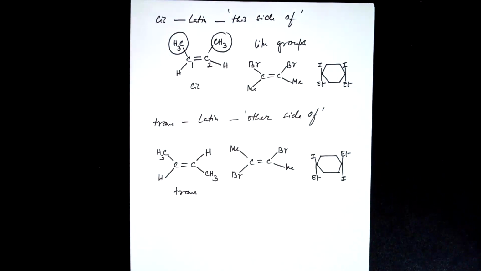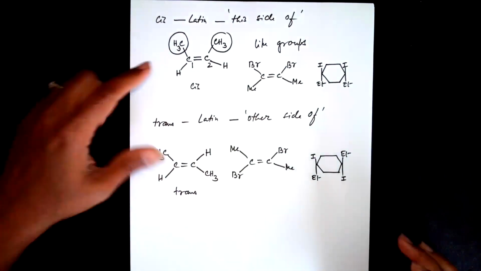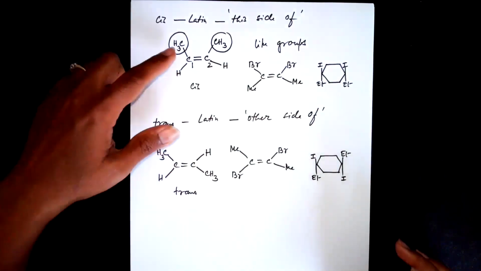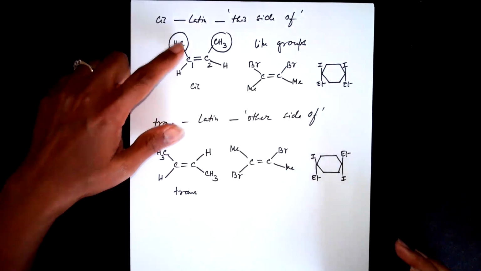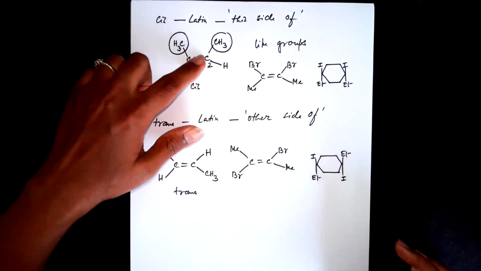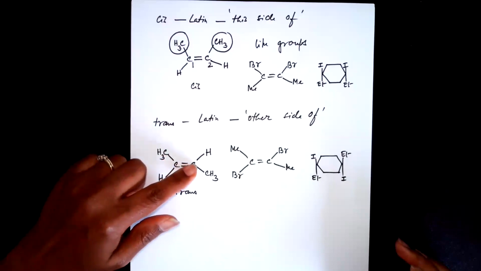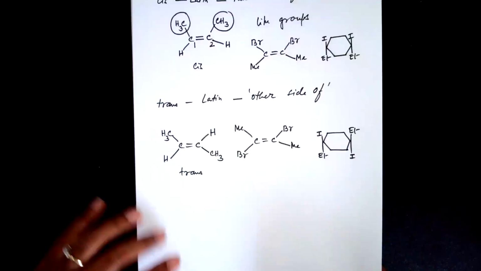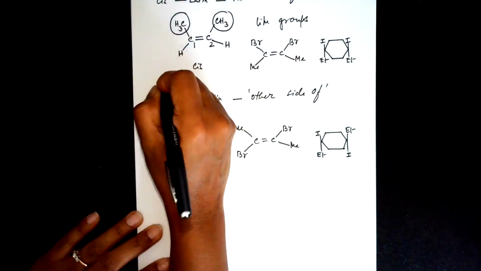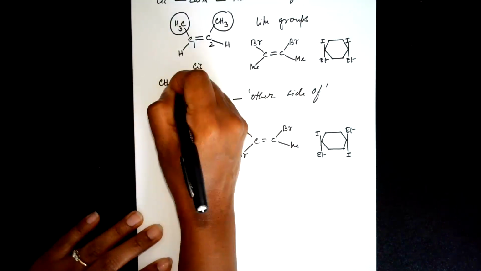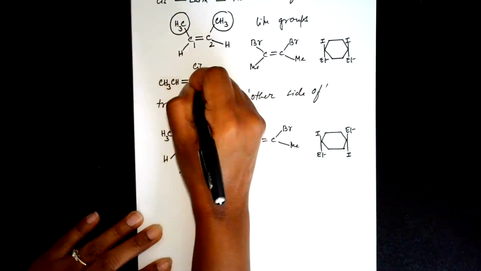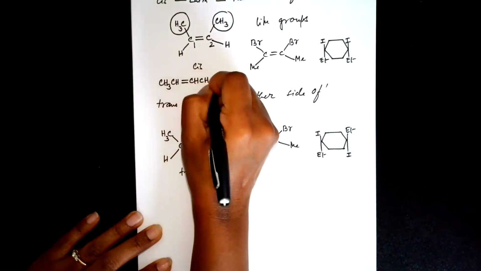Since they are isomers, remember they should have the same molecular formula. So the things you have used to make them should be the same. Like if I compare these two, both of these should read as CH3CH, double bond CH3. So if I were to write down the condensed form of this molecule, I would write it as CH3CH, double bond CH3.